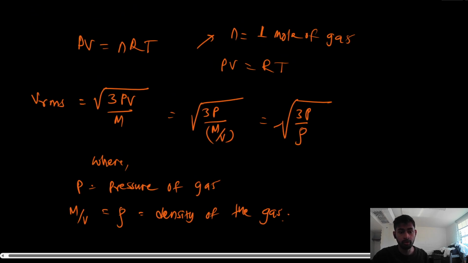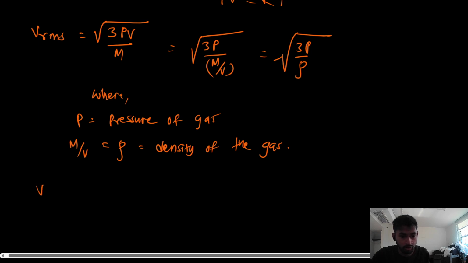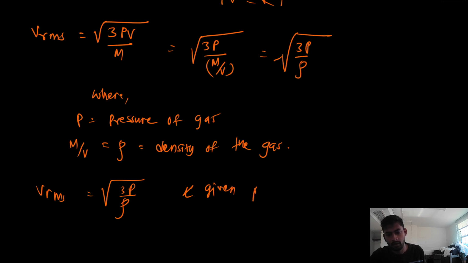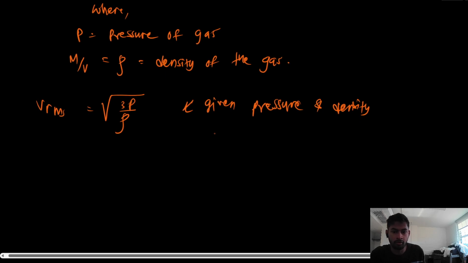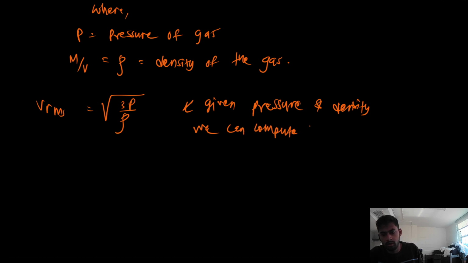However, whenever we are using the equation Vrms equal to the square root of 3P by rho, and we are given pressure and density, if we're given these two things, then we can compute Vrms directly, right?